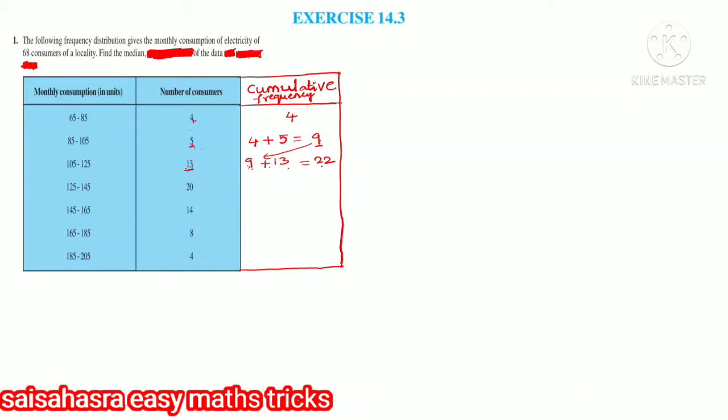Next, the previous sum is 22, plus in this line 20 is there. 22 plus 20 is 42. Next, the previous sum is 42 plus this line 14.